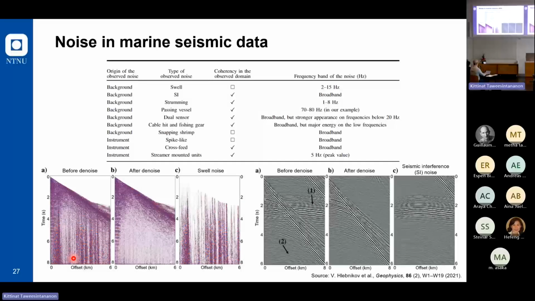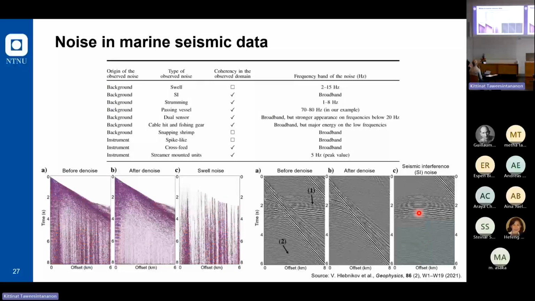Another type clearly shown here is seismic interference noise. If you look at the raw input data before denoising, you see that it interferes with the seismic reflection. And after the noise cleaning, this is the difference between before and after seismic interference denoising.